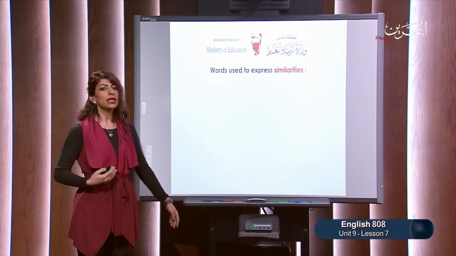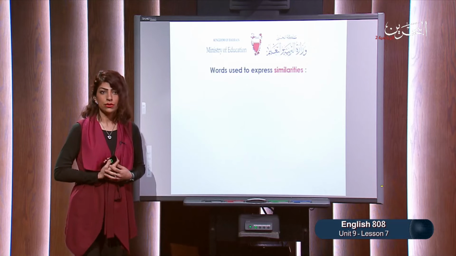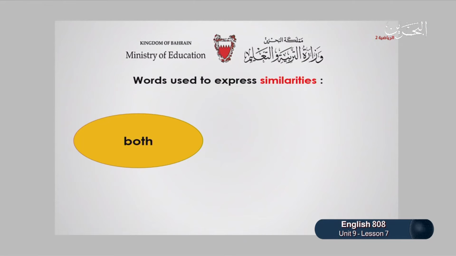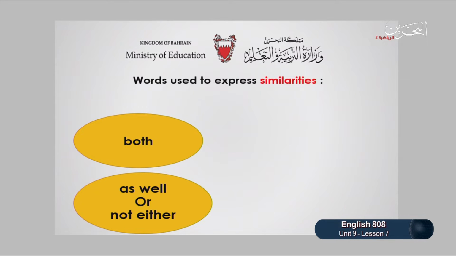Now, let me go further in the words used to express similarities first. Both, as I have previously mentioned at the example, I said both Arabic and English tests were easy to me. So I'm joining 2 similar ideas. As well, or not either.